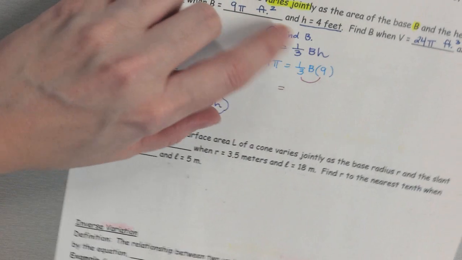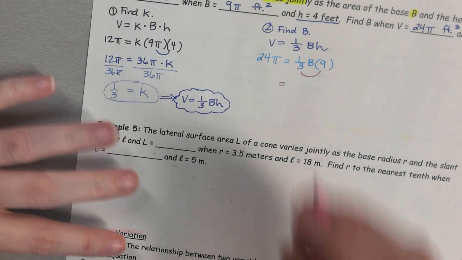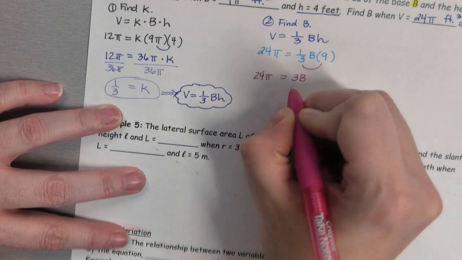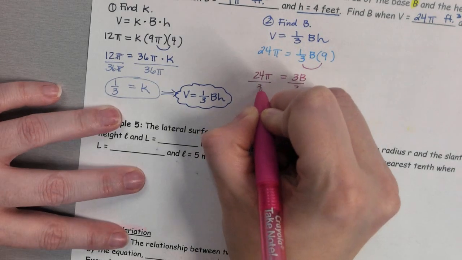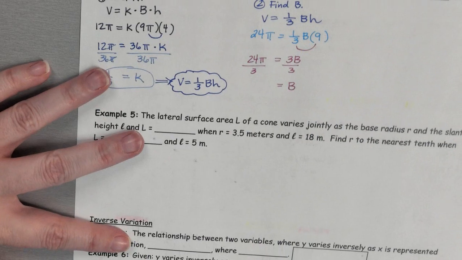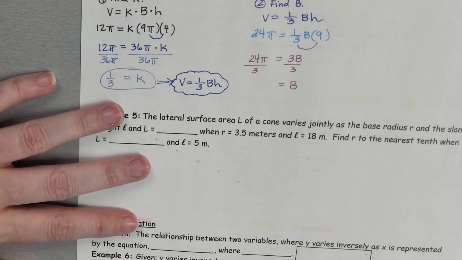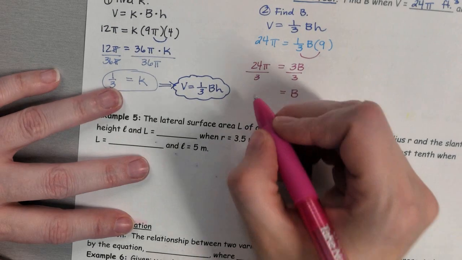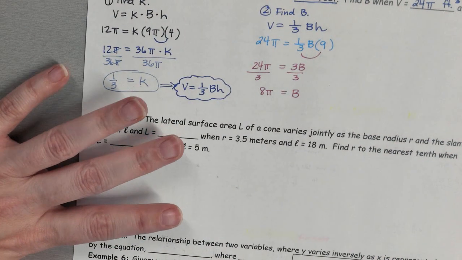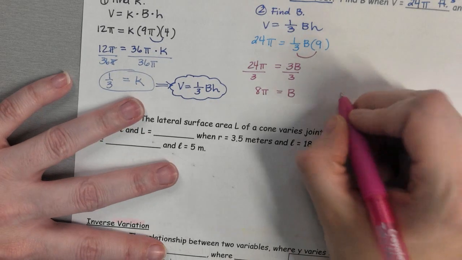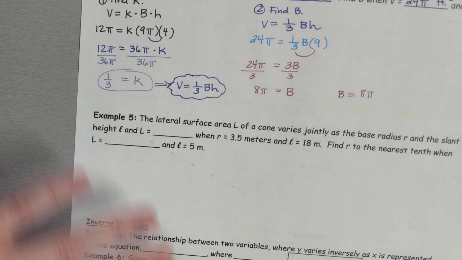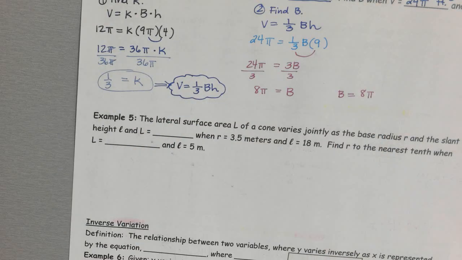What is a third times 9? 3. So this is 3b. So I'm going to divide both sides by 3. Now notice this time there's nothing to cancel out with pi. So we know what's 24 divided by 3? 8. So this is just going to be 8 pi. So your final answer, you are going to put your units on there. Can you just tell me how I know what my units are for that one?